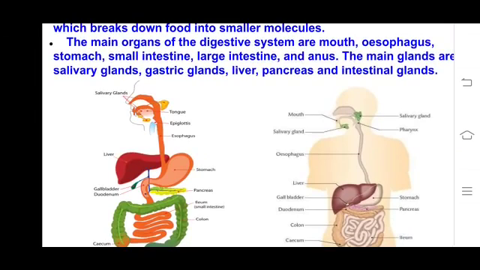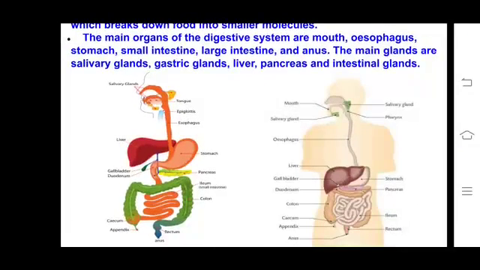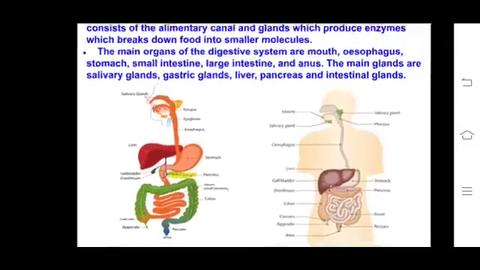Then stomach, small intestine, large intestine, and rectum and anus. The main glands associated with the digestive system are the salivary glands, gastric glands, liver, pancreas, and intestinal glands. So glands also help in the digestion.